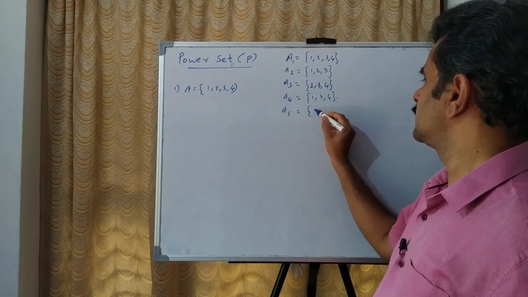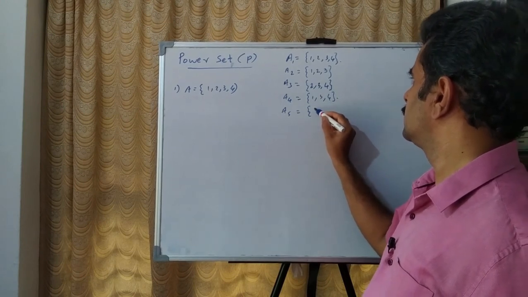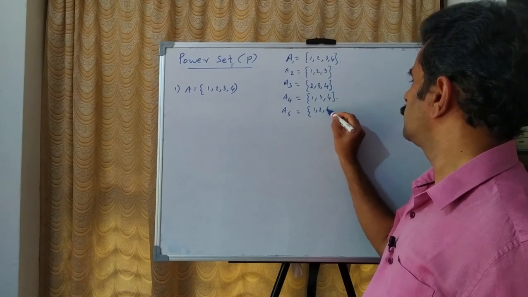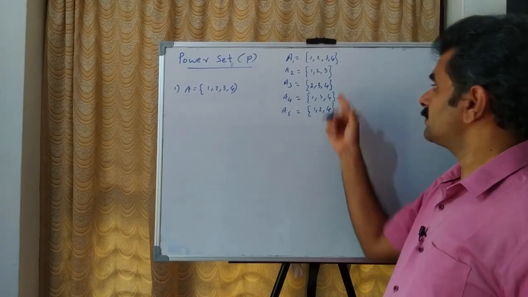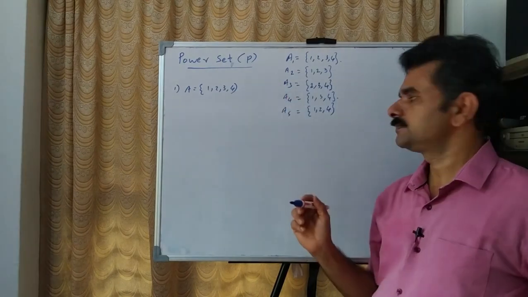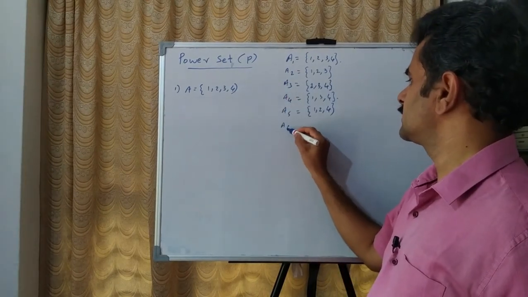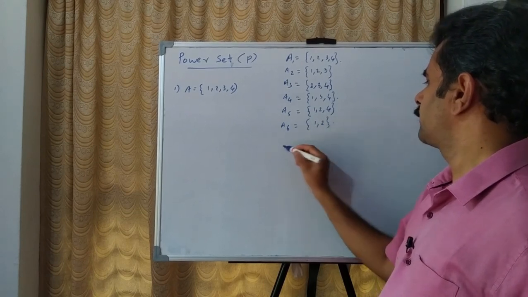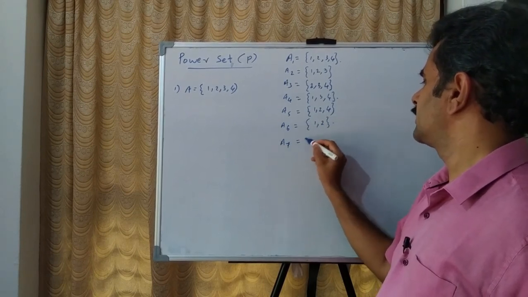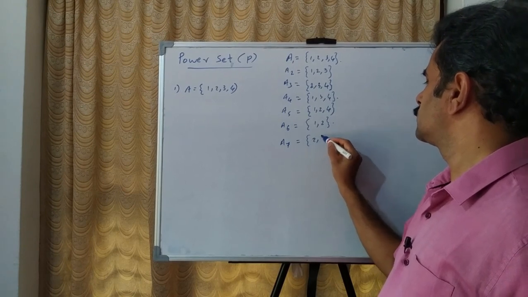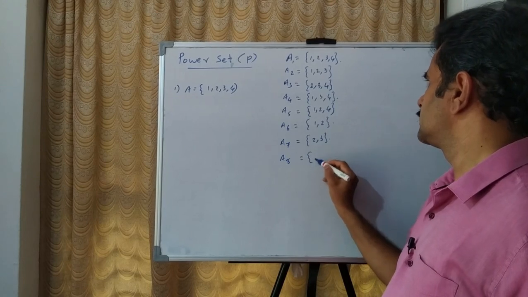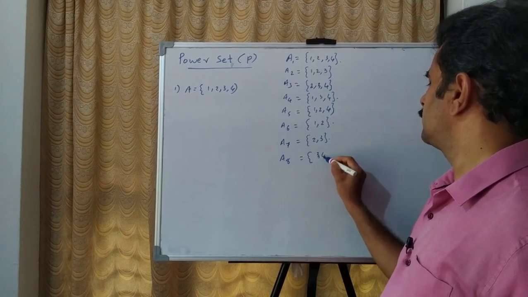A5 is {1, 2, 4}. These are subsets of the set. And A6 is {1, 2}. A7 is {2, 3}. A8 is {3, 4}.